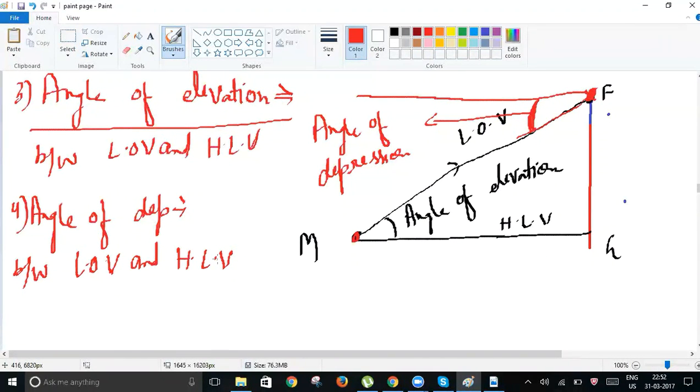What is the basic difference in these two? One is down and one is up. If you elevate your head to look at something, then the angle formed is called angle of elevation. And if you down your head to look at something, then the angle by which you down your head is called angle of depression. So there were 4 different things involved in this whole process. One is horizontal line of vision.